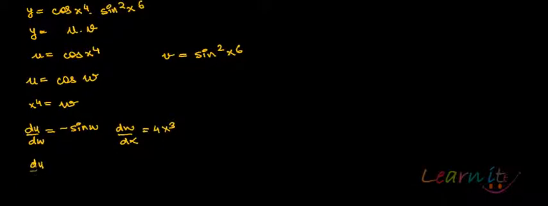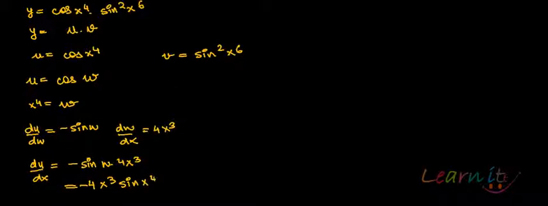So du by dx is basically minus sine w into 4x cube, which is minus 4x cube into sine of, in place of w you can write, x to the power 4.